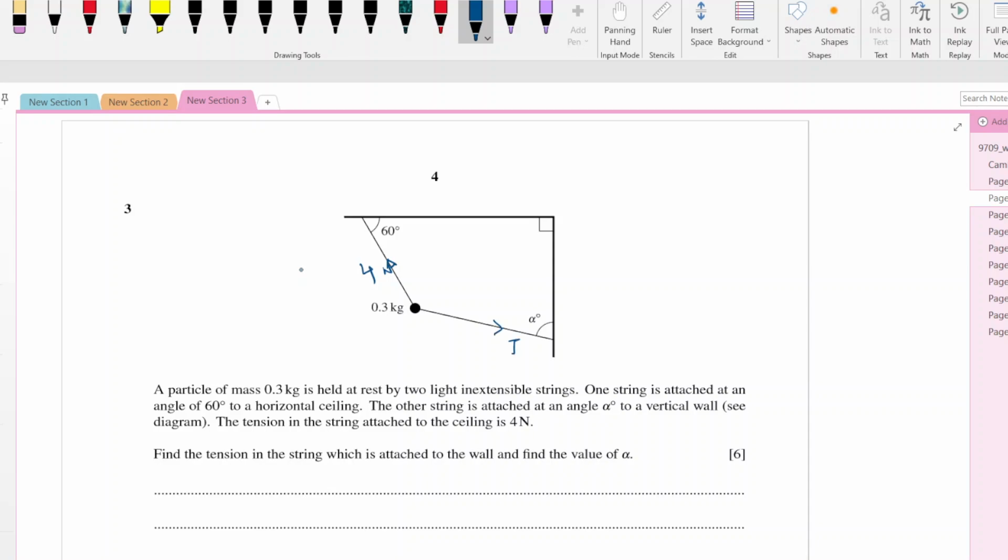Now the weight acts vertically downward, that is 0.3 g.